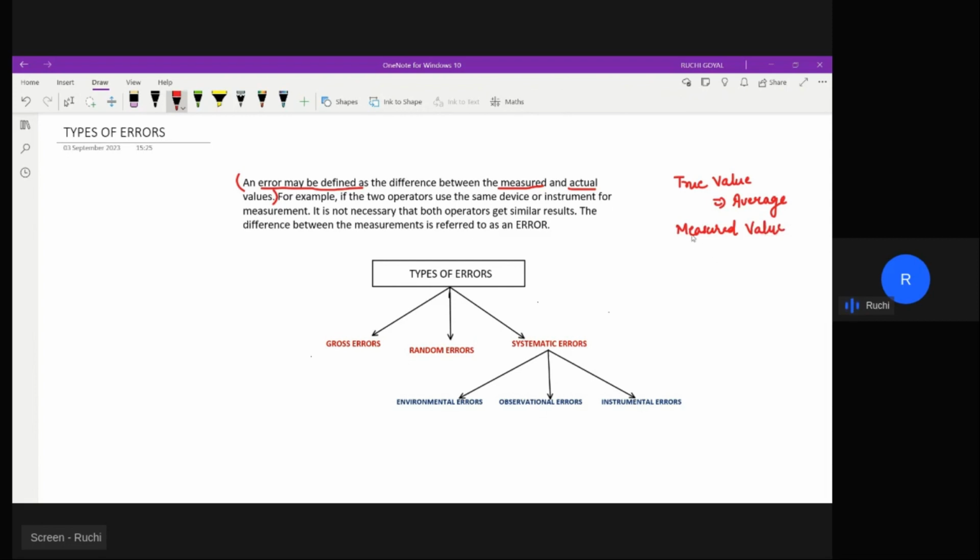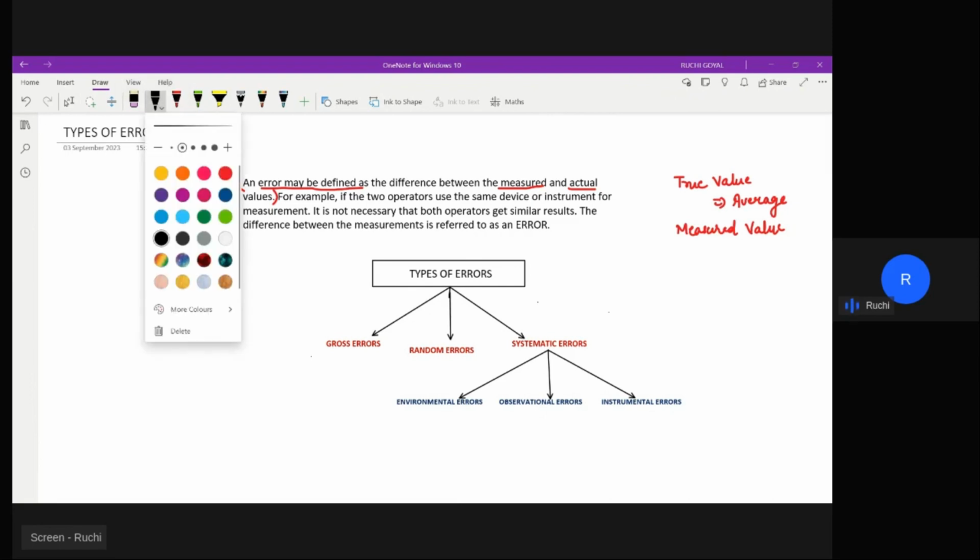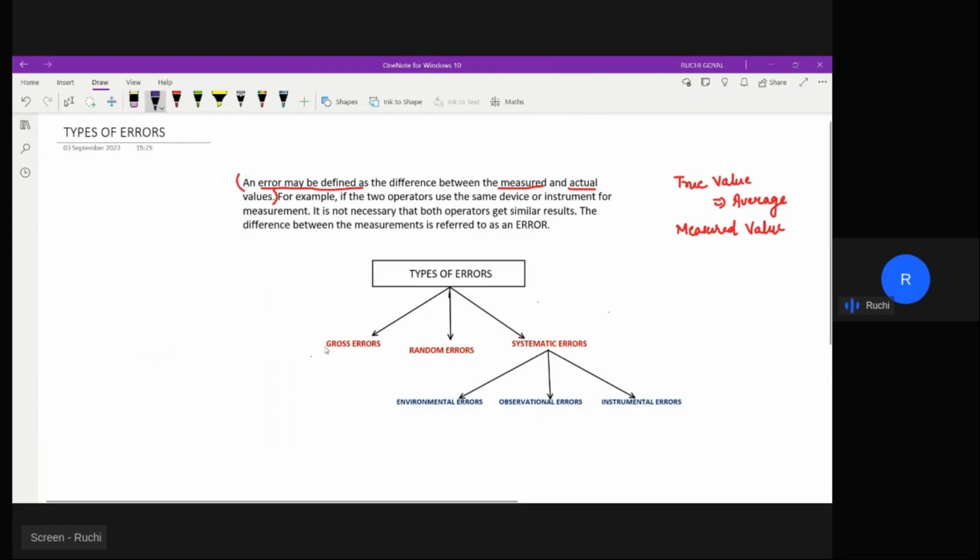Now, what are the types of errors? Basically, there are three types of errors. They are classified according to the source they are arising from, right? So from where they are arising, that is known as the types of errors. First is gross error, second is random errors, and third is systematic errors. So these are the three types of error.